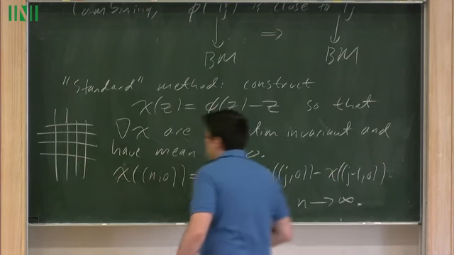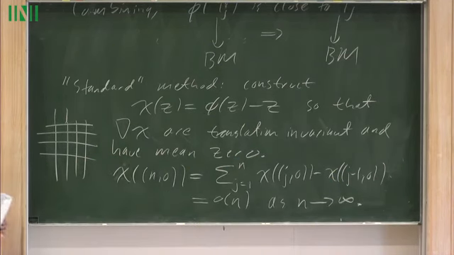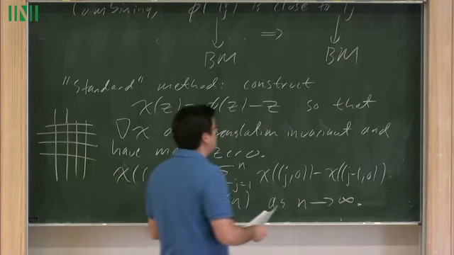Okay? So this tells you that on any given line, your corrector is going to have sublinear growth, and then you can combine that with harmonicity to see that the corrector itself has to have sublinear growth. So this is the usual strategy.